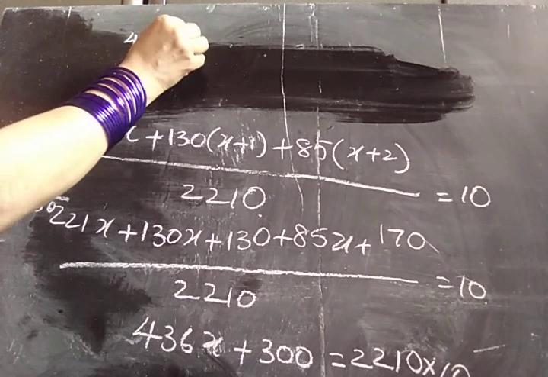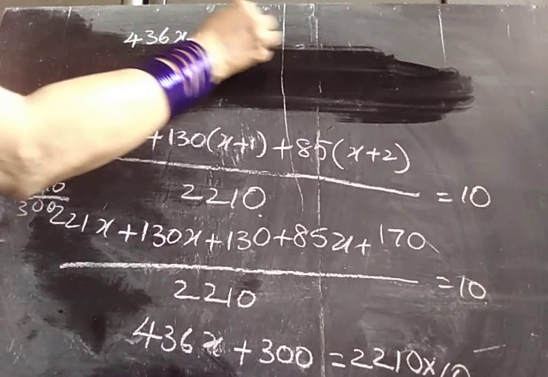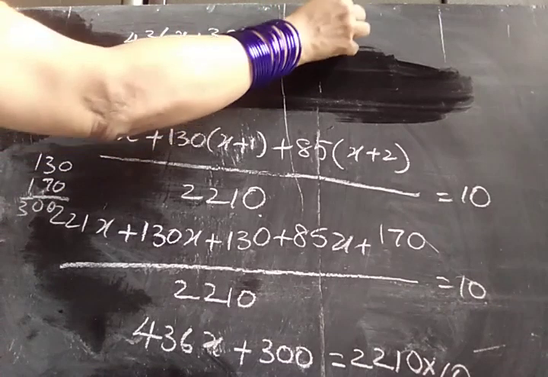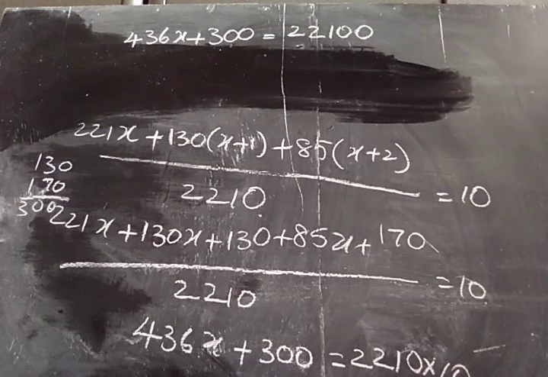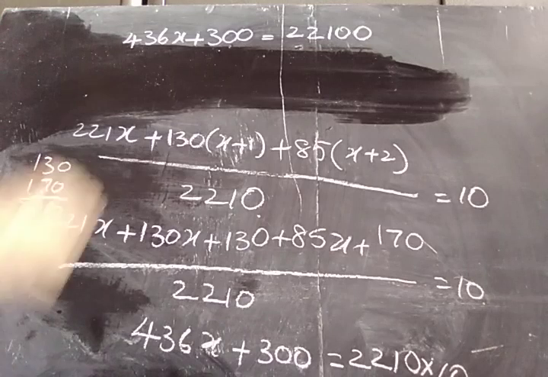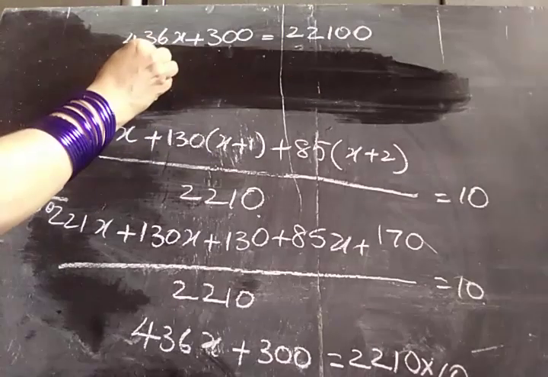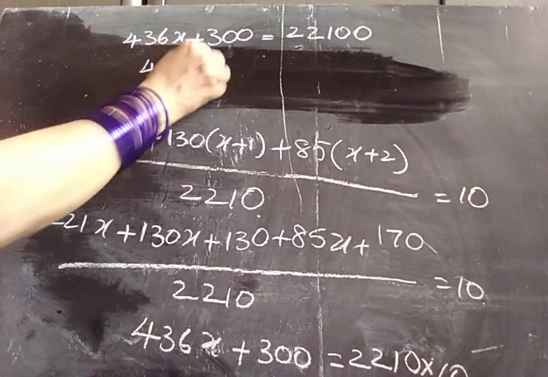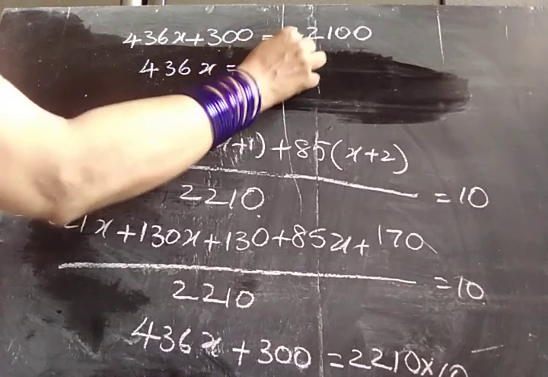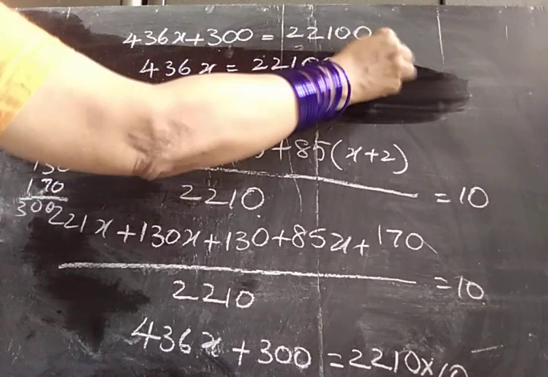Now 436x plus 300 is equal to 22,100, finally we will get. Now this 300 transpose to that side. 436x is equal to 22,100 minus 300.